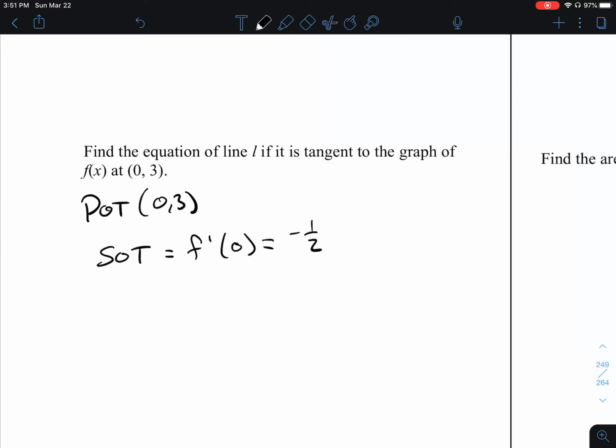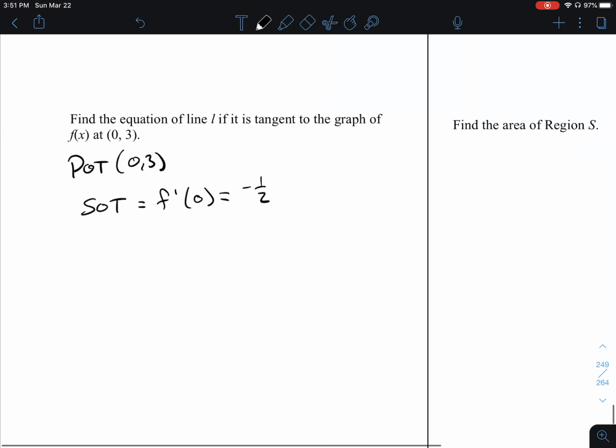You know, it might give you negative 0.49 repeating, might give you negative 0.500001. It's negative 1/2.